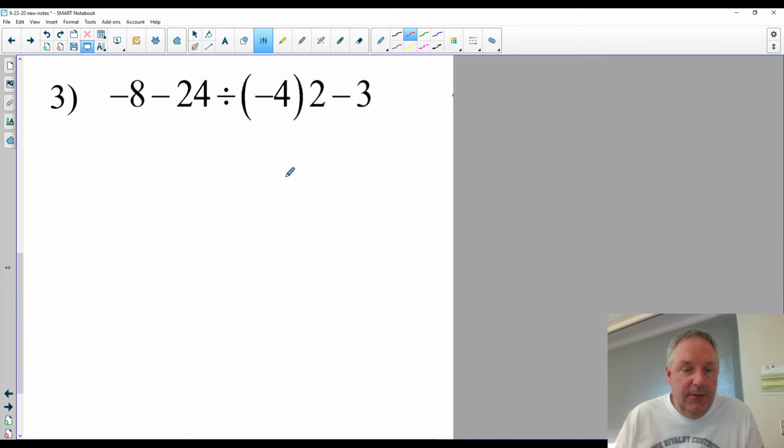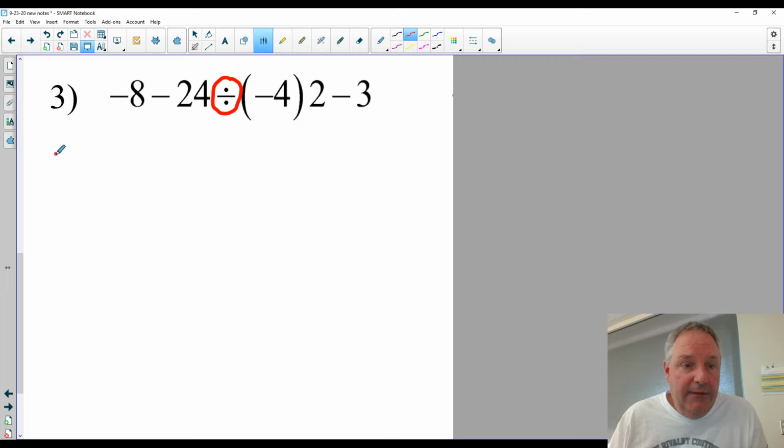All right. Read the problem to yourself. Negative 8 minus 24 divided by negative 4 times 2 minus 3. There are no groupings in here. This is all just one operation at a time. We have subtraction, division, multiplication, a minus, and a negative here, but that's not a grouping. My first step is the division. So that's got to be first.